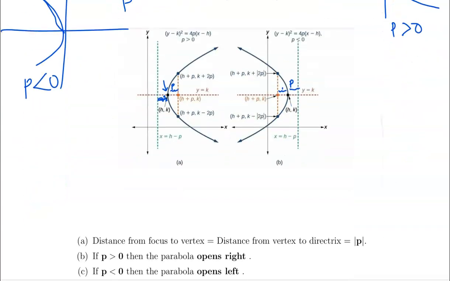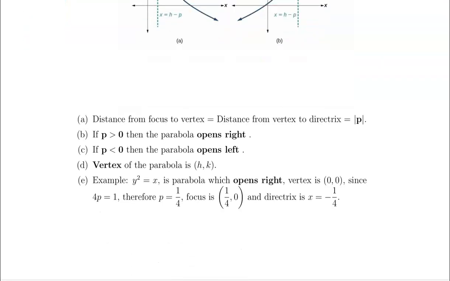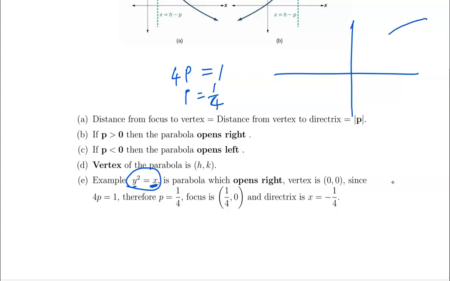All right, let's look at an example here quick. You see y squared, so it should be sideways, right? Now this term is positive, so p is positive. So 4p is 1, so p equals 1/4 again. So that means it opens to the right, and your vertex is 0, 0, because you see that there's no h and k.